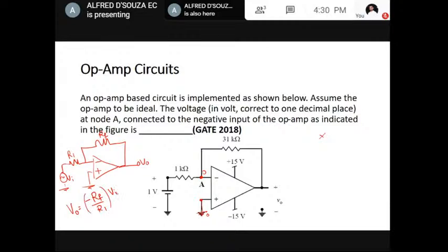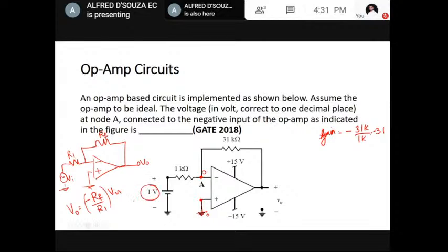This will be the gain, and output is gain times input. See, it is similar to this inverting amplifier. Instead of R1, we have 1 kilo ohm, RF is 31 kilo ohm. So the gain of this amplifier is minus 31 kilo divided by 1 kilo, which is minus 31.